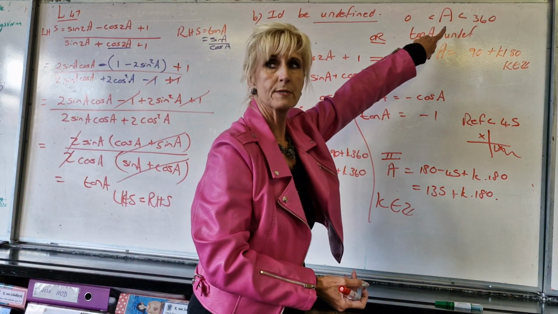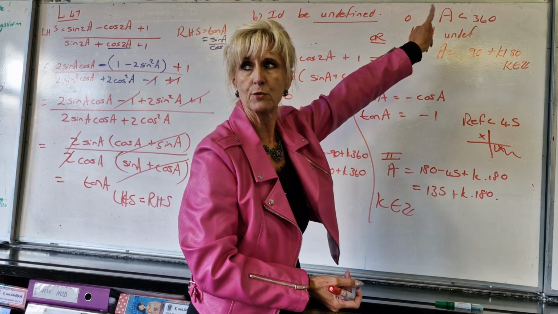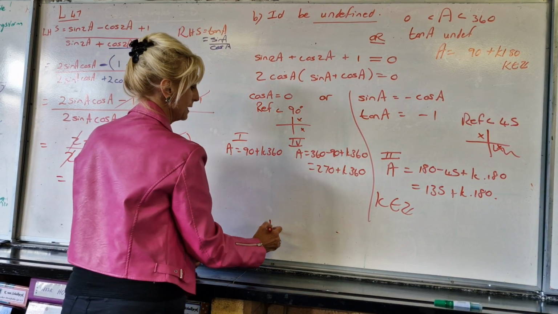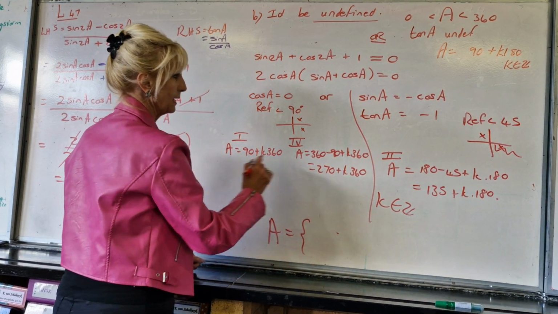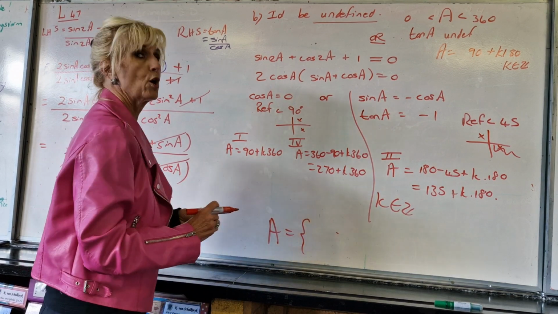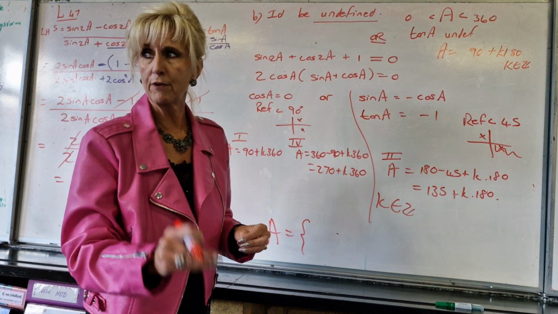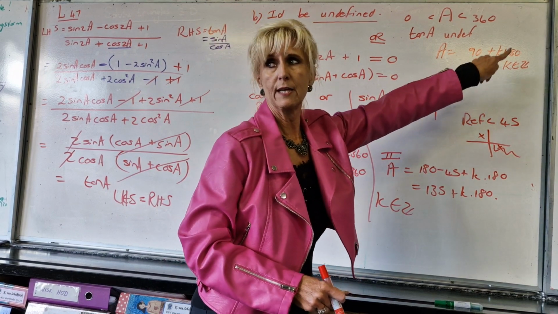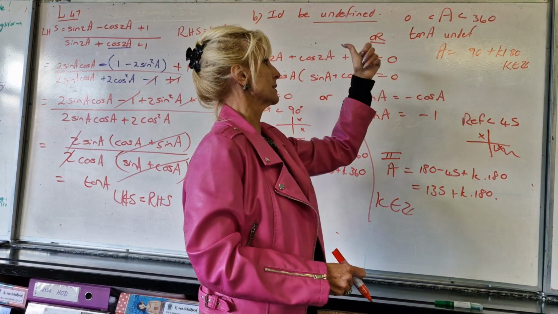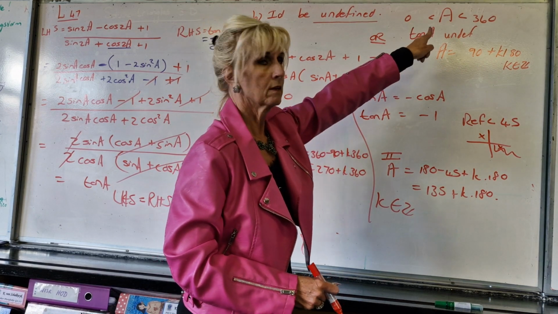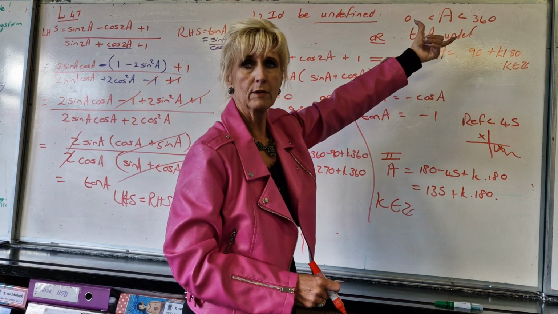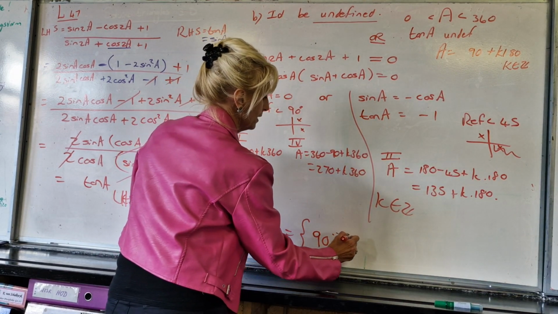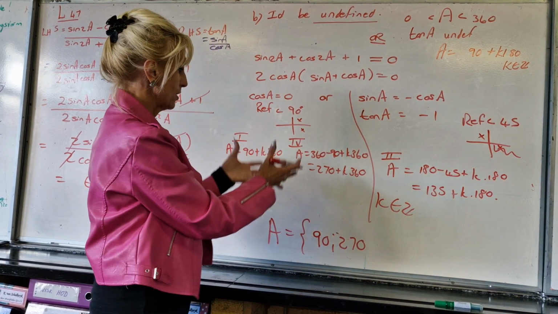The specific solution, because they asked me for a specific solution, because they said only between 0 and 360. Let's go to that. So specifically the A would be, let's start at a point. So when will it be undefined? It will be undefined for 90 and 270, etc. And 90 and minus 90, etc. So in that interval, it's only for 90 and 270. Agreed? Yes, ma'am. Let's go to this one.